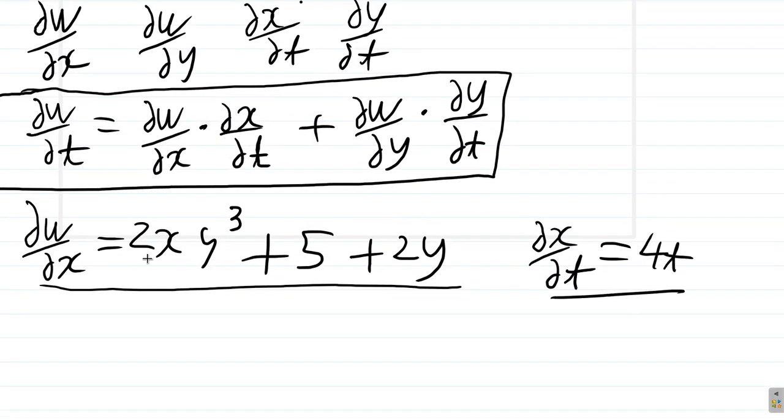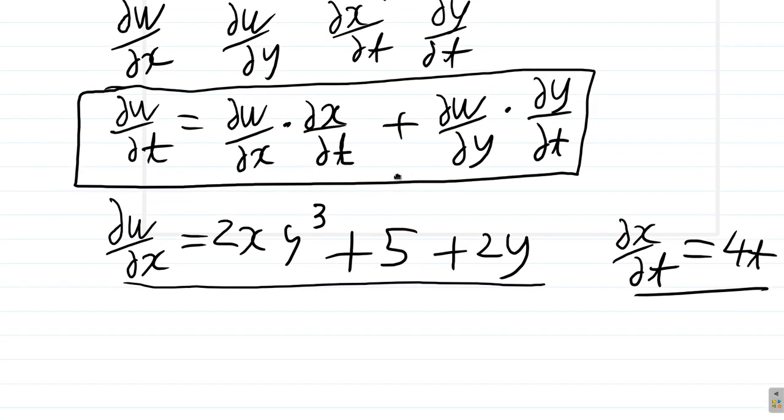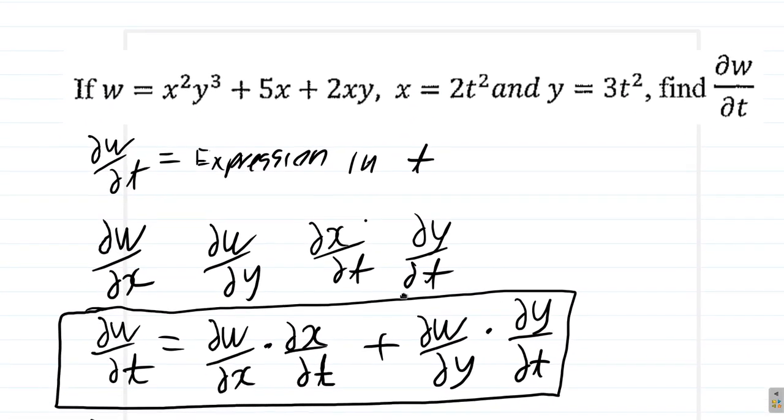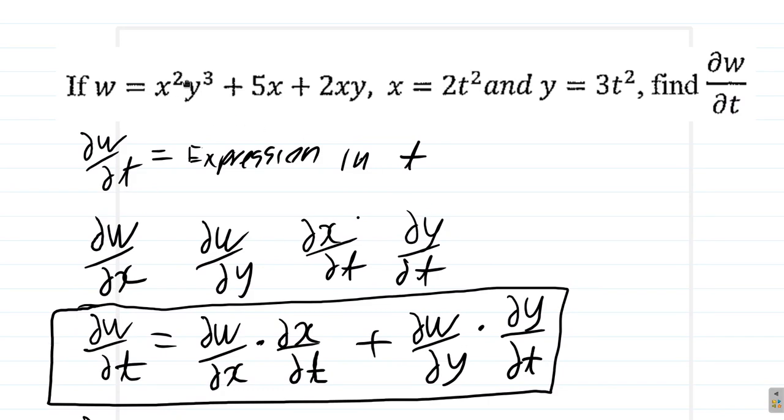Alright? What about the partial w by partial y now? Partial w by partial y. This will be 3x squared y squared, because you subtract 1 from the 3 to get 2.